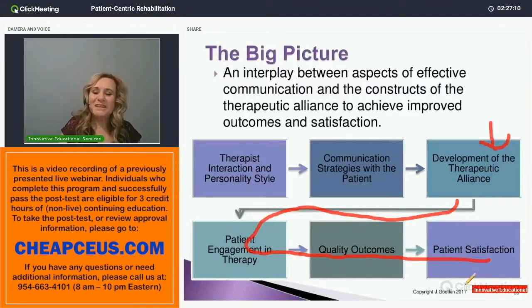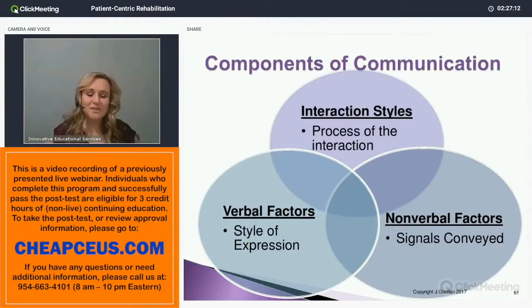And they've looked at this specifically in rehabilitation. And it's a complex combination of factors and events that go into getting the right message out there. So now we kind of need to look on the other side of things and look at ourselves on how we're creating this interaction.